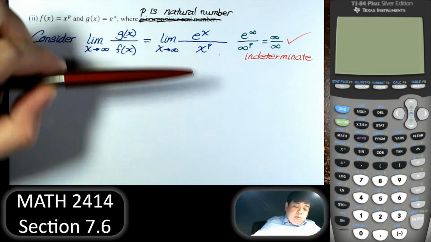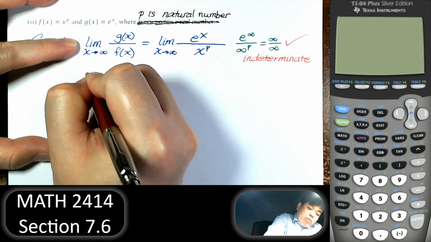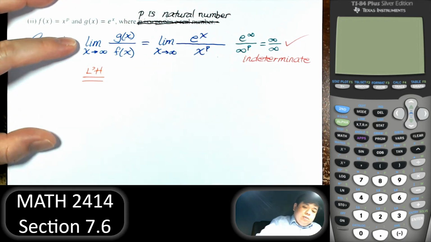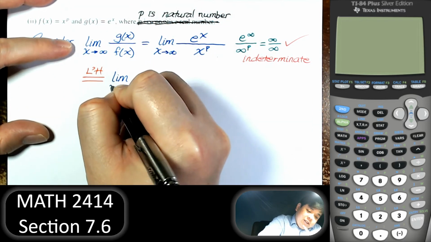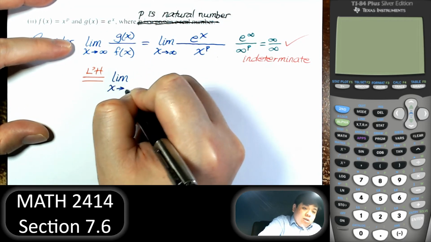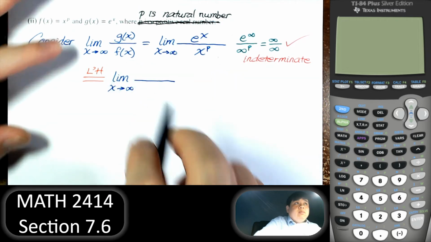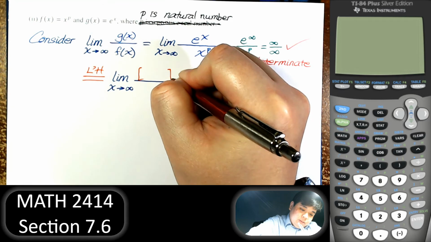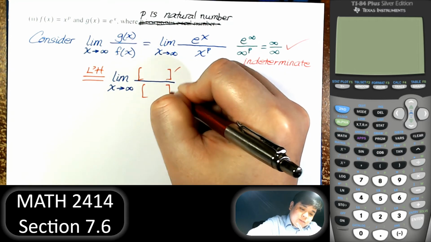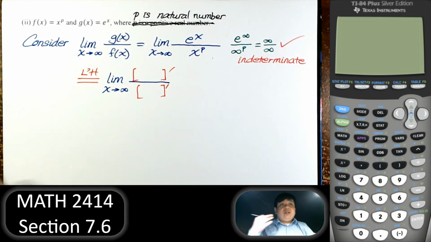So from that limit, use the L'Hôpital's rule. So take the derivative of the top and the derivative of the bottom, and it is not the quotient rule.